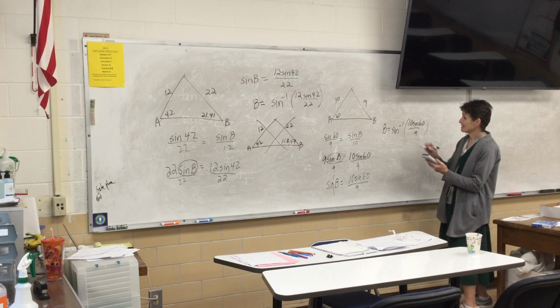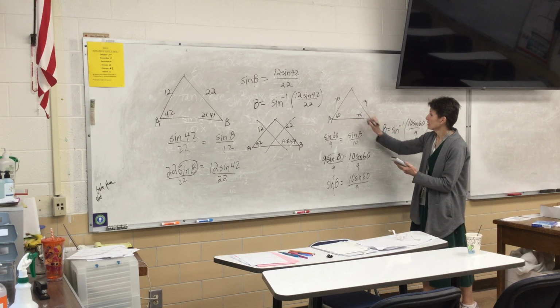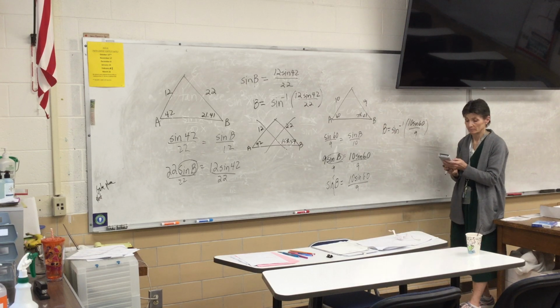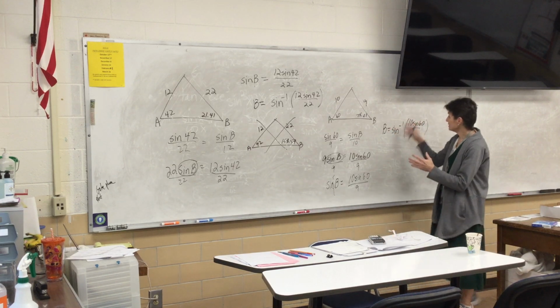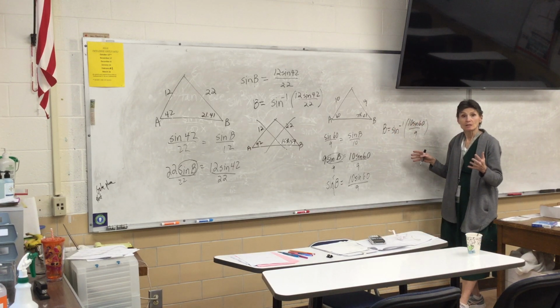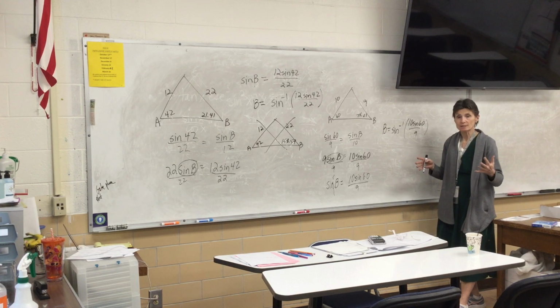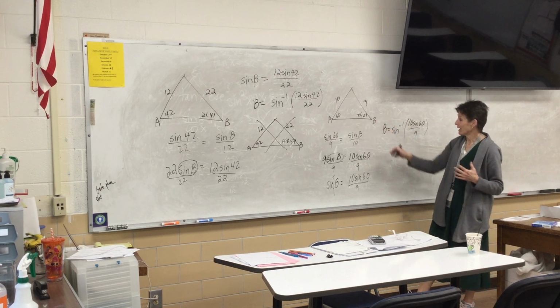Enter. I got 74.21. Remember, we had a couple where when we did this, we got an error message. That meant there were no solutions. We didn't get an error message, we got an answer.